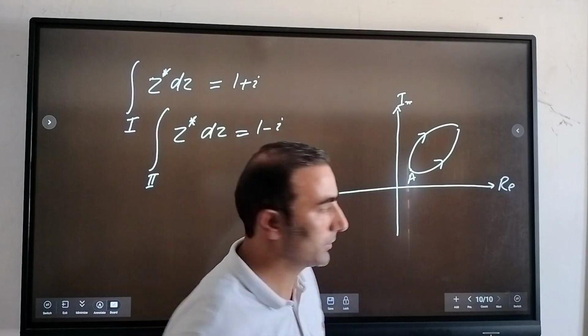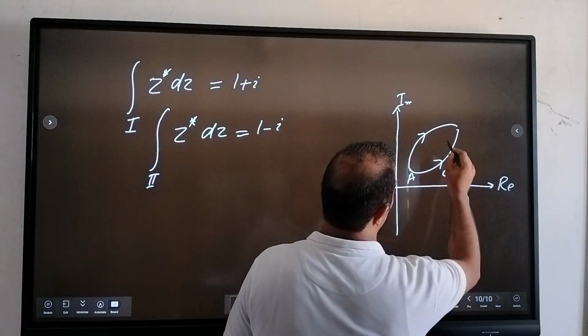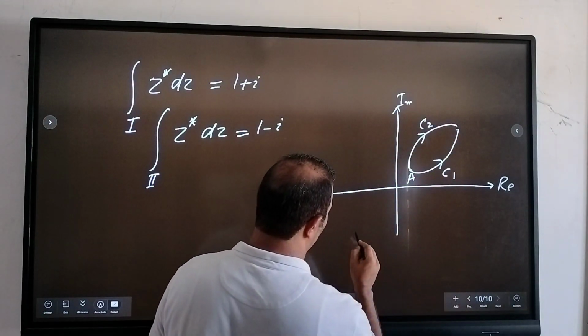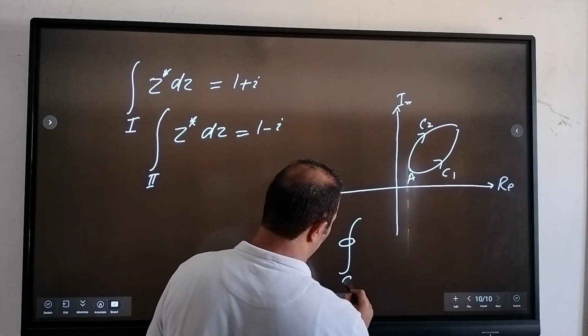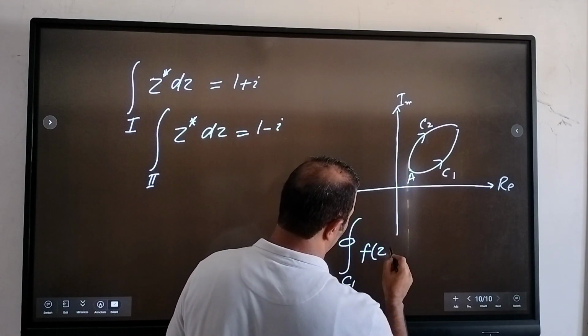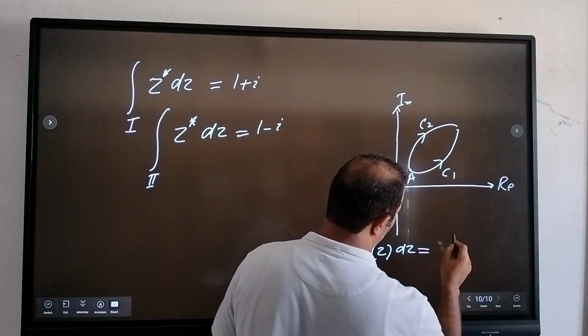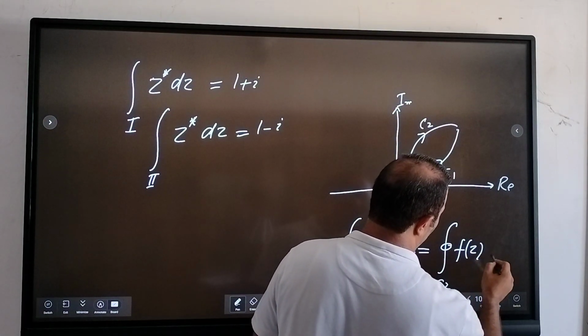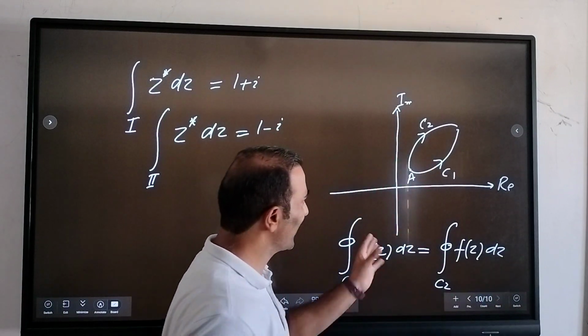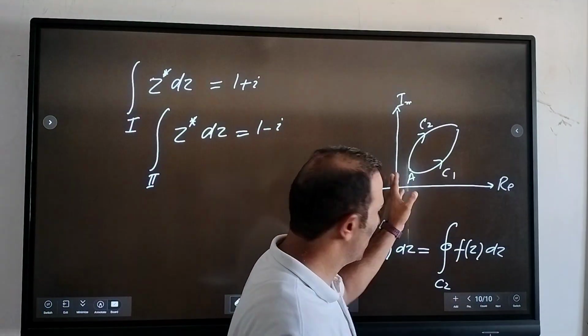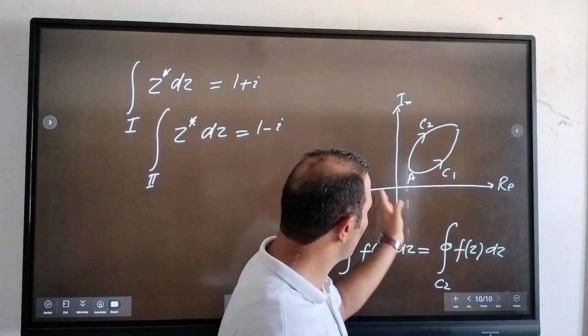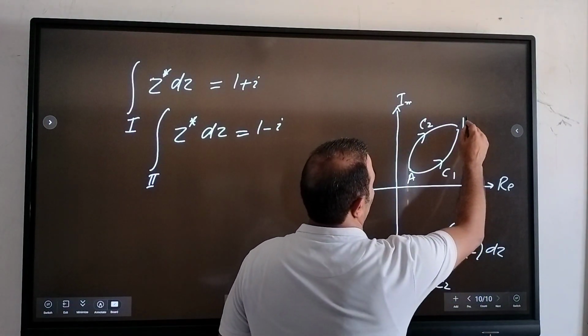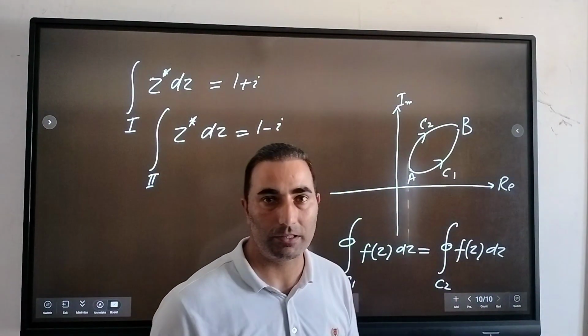It will be independent of the path. So this is along C1, this is C2, so we can say that the integral over C1 of f of z dz is the same. Either you go through path first or path second, the integral will be the same, independent of the path.